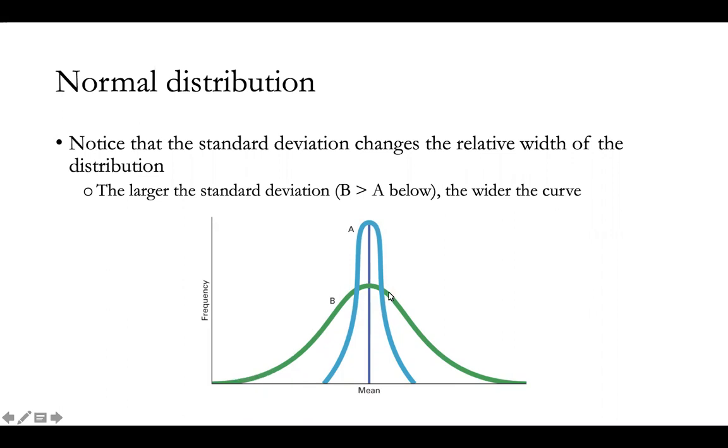And here the wider curve, this green curve, B, is much broader at the base than the blue curve, A, which is clustered much more closely to the mean. So we want to pay attention to the mean of our sample and our populations, as well as the distribution. And you can calculate mean and standard deviation for either a population or a sample.